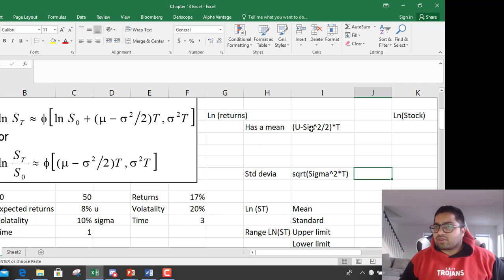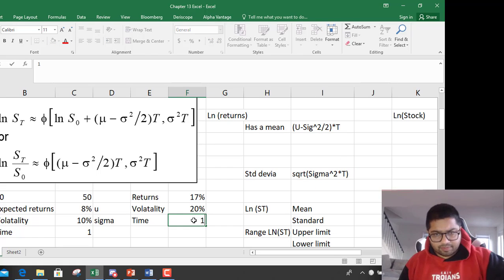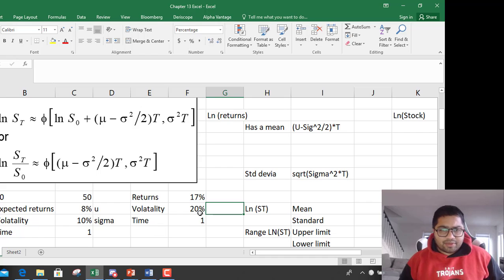So you have to first calculate mean. So mean is mu minus sigma squared divided by 2, times T. Let's take time 1 because it will become complex. So let's do it with time 1.